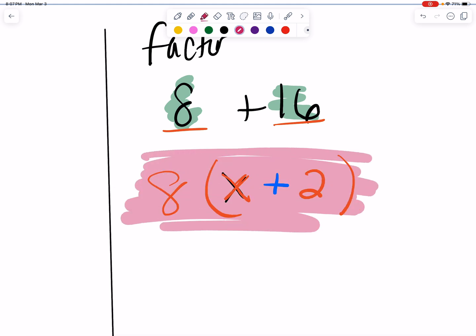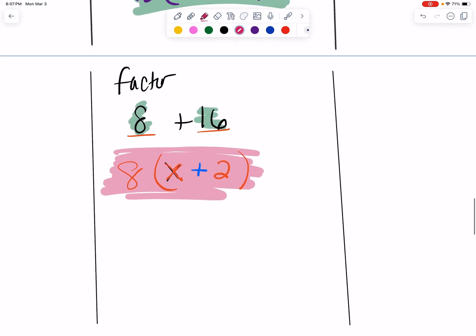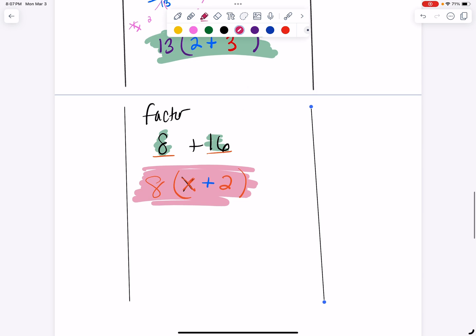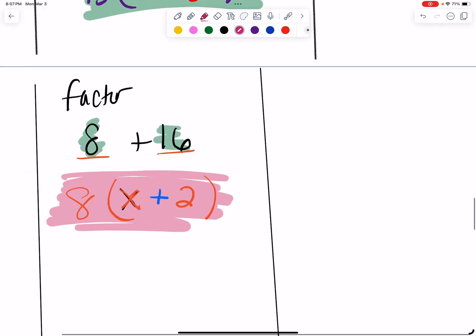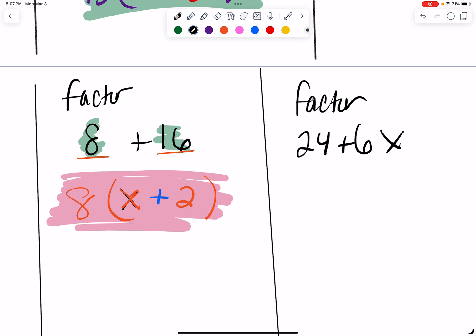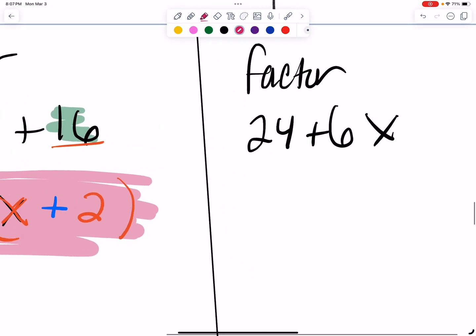Okay. Let's do a couple more of these because these are more fun than the other ones. Factor. So I know I have a variable there, but I'm just going to look at the numbers. 24 and 6, and I know 6 can go into both.